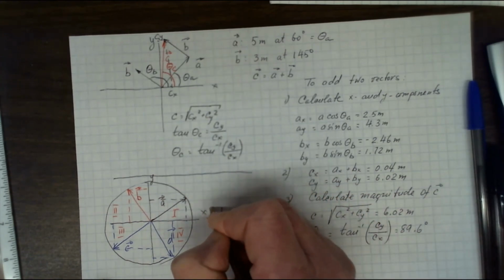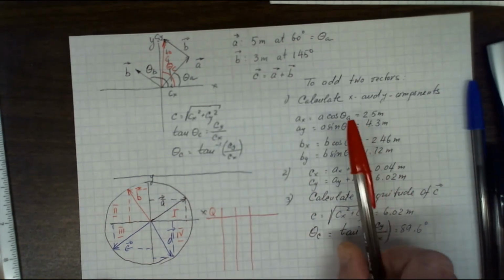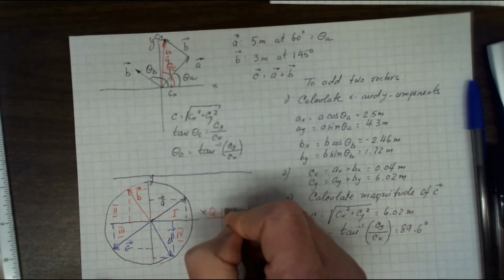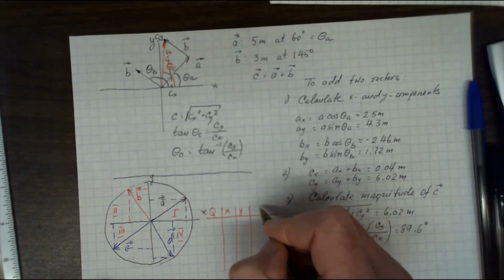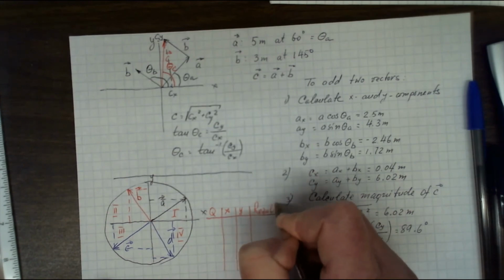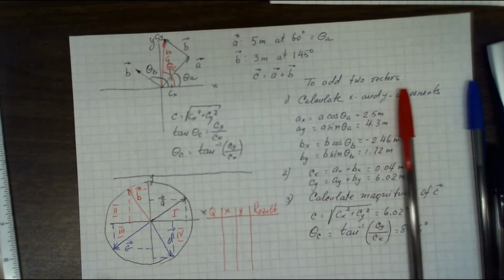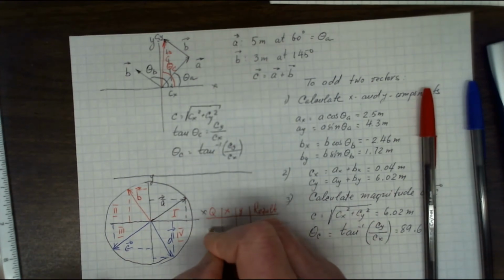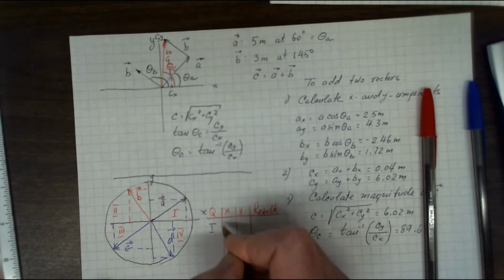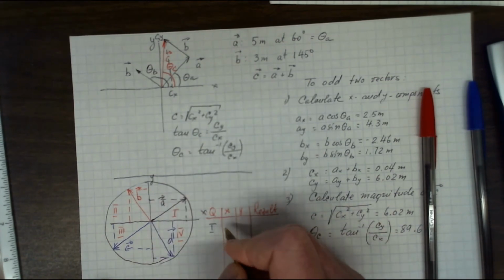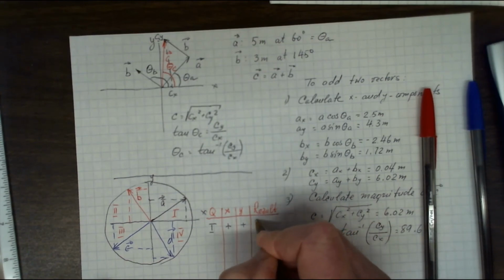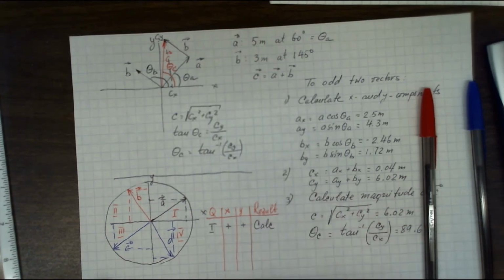So we have quadrant number, x component, y component, and result. Quadrant number 1: both x and y components of my vector are positive numbers, and you trust your calculator.